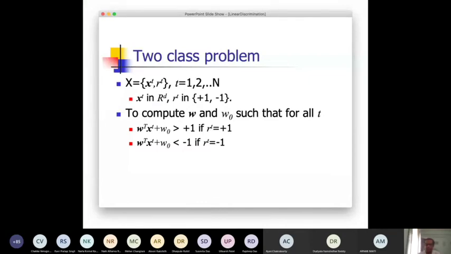But now my policy, with respect to the training data set, is that if it is in the positive half, then the functional value should be greater than +1, not just greater than 0. And if it is in the negative half, then the functional value should be less than -1, not just 0. So there is a sufficient margin between these two. That is the definition of the problem.